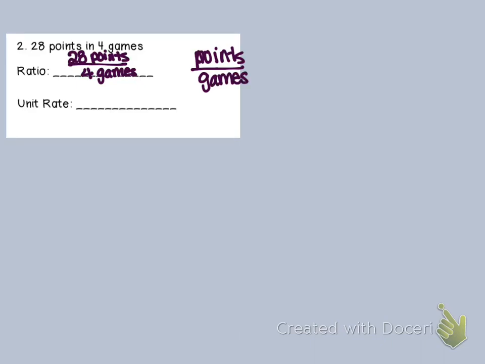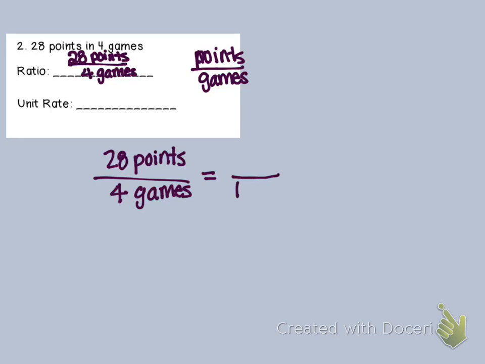Okay, so then if I have 28 points and then I have 4 games, for a unit rate, we need games to be how many? If you said 1, you are correct, 1 game. And we don't know how many points this person scores per game if they score 28 in 4. So again, we could do the whole cross multiply thing where I grab my numbers.